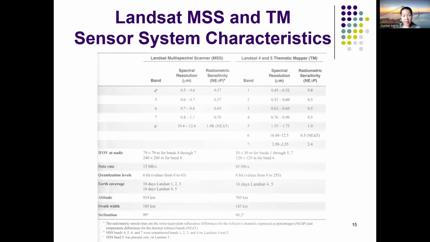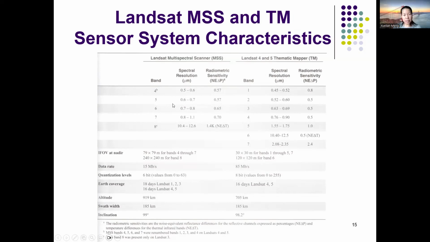And if you compare Landsat MSS and Landsat TM, take a look at the orbit information. It's very typical, 705 kilometers for Landsat TM, 98.2 degree inclination, 16 days of revisit time, and 30-meter resolution. The thermal band will be 120.